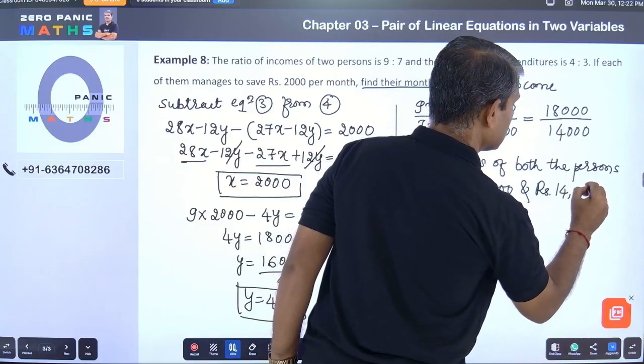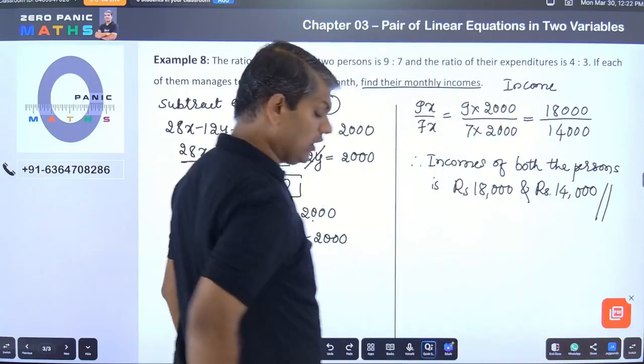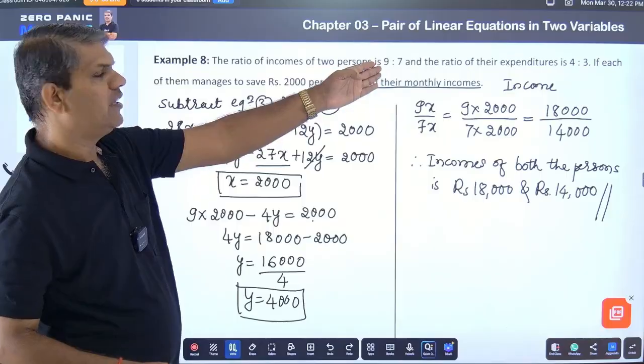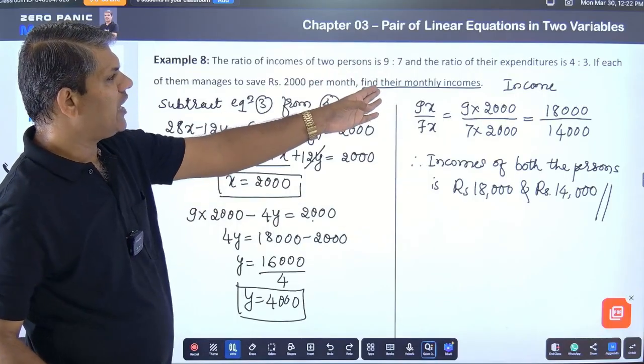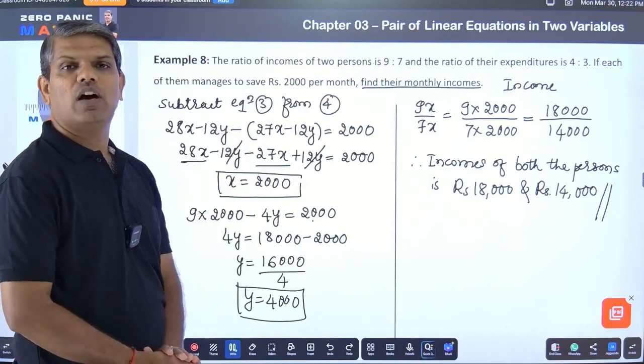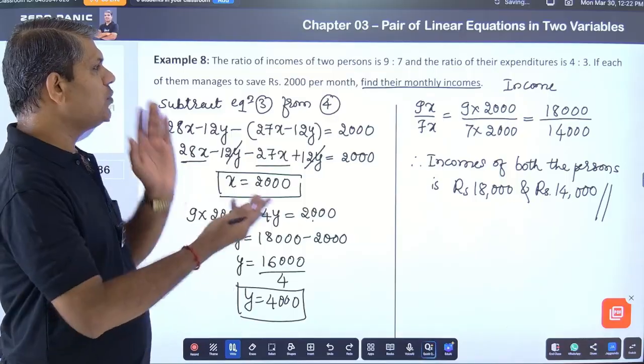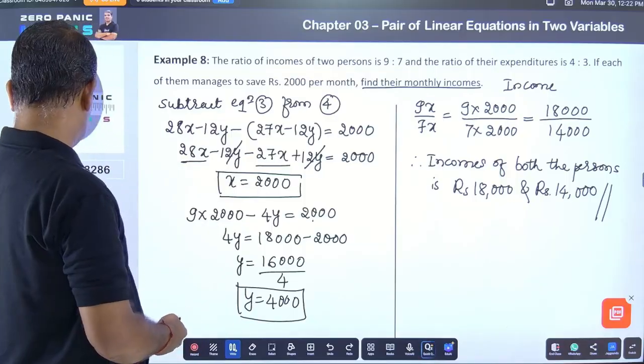Okay, let us complete our problem in this way. There is no need to verify it. Let us complete what they asked, and move to the next example.